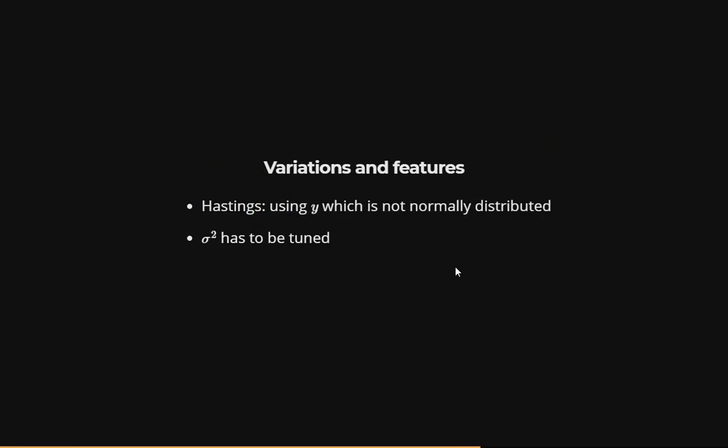Now, sigma squared is the same, but has to be tuned, because sigma squared is the scale on which we are working with our algorithm. So sigma squared is the variance of the displacement we use every time.